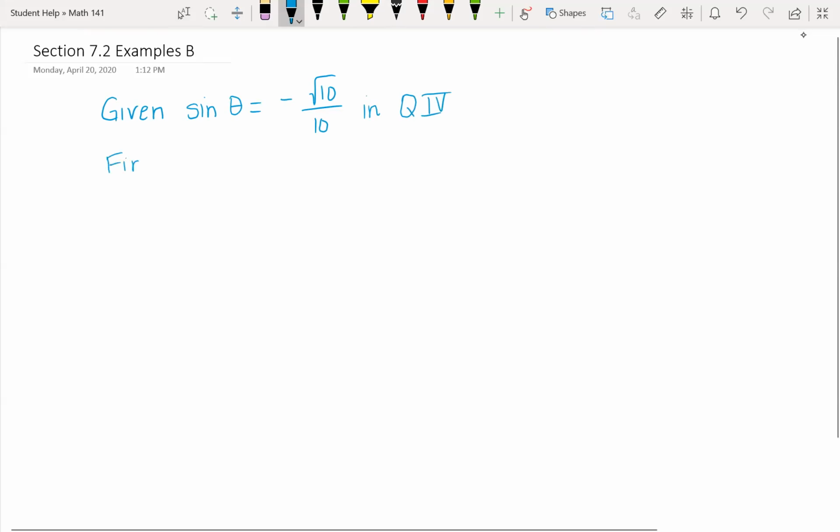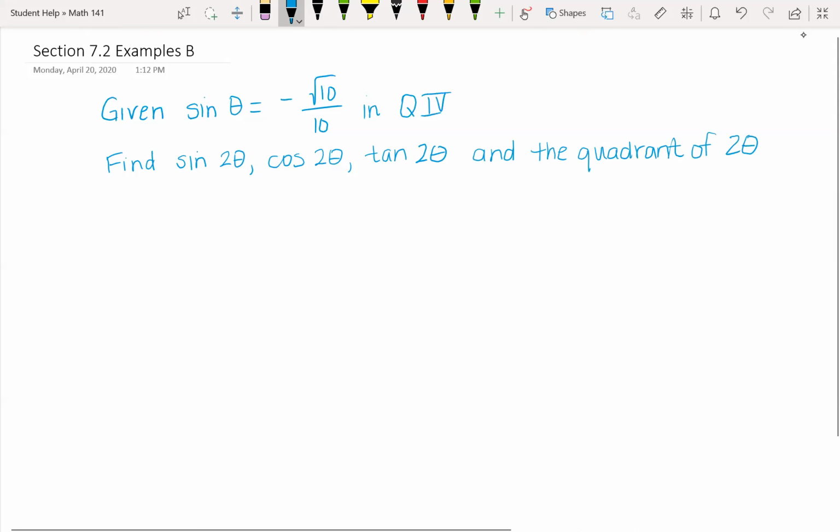We're going to find the sine of 2 times theta, the cosine of 2 times theta, the tangent of 2 theta, and the quadrant of 2 times theta.